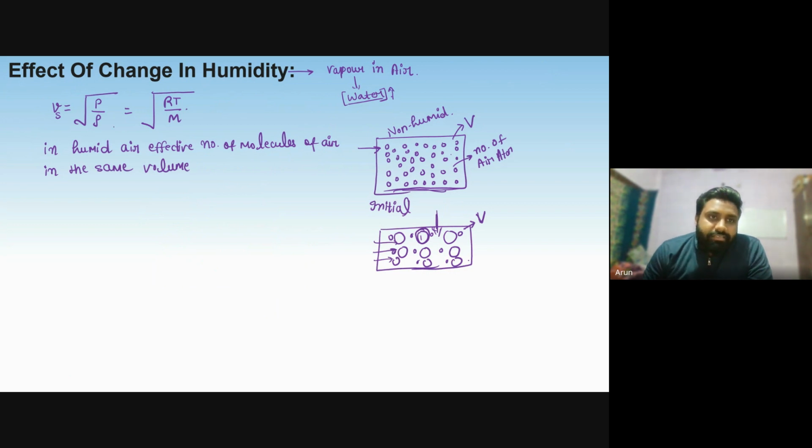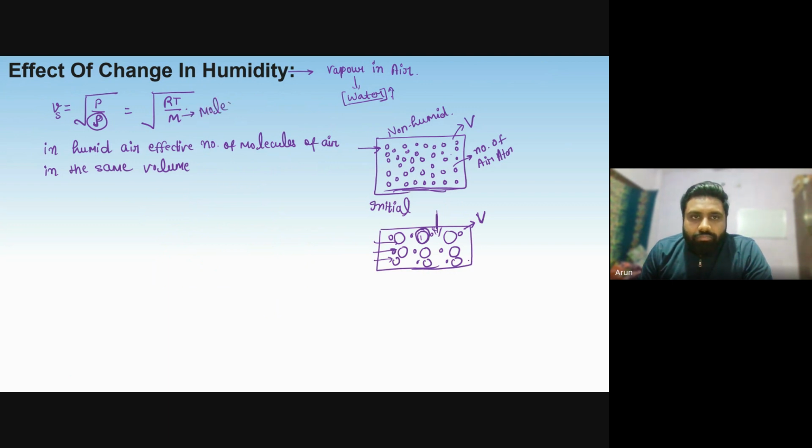Now, this density depends only on the mass of the air divided by volume of the air. Now, volume is not changed, but can we say the mass is also not changed? No, we can say the mass has changed, because the effective number of atoms has decreased in that particular volume. So we can say there will be a decrement in the average value of this molecular mass.